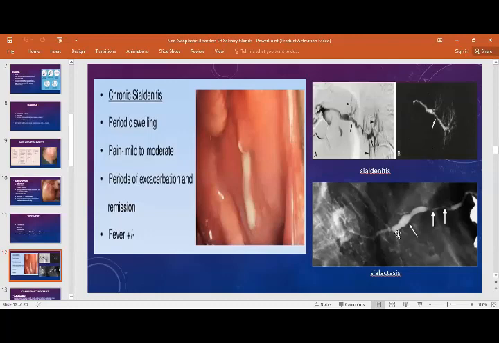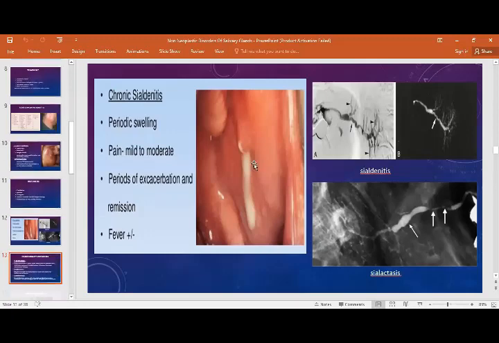As you can see in those two sialograms, there is no dilatation or thickness of the duct, while in the case of sialectasis, you can see that there is a dilatation of the duct. So the sialogram is very helpful in differentiating sialadenitis from other diseases.